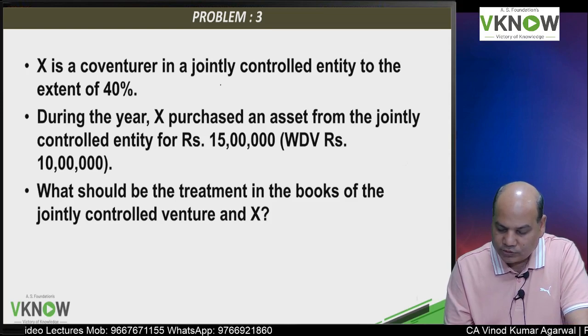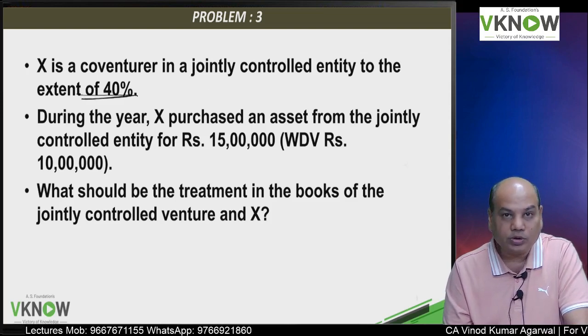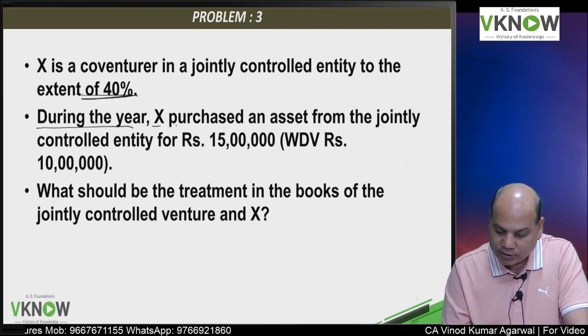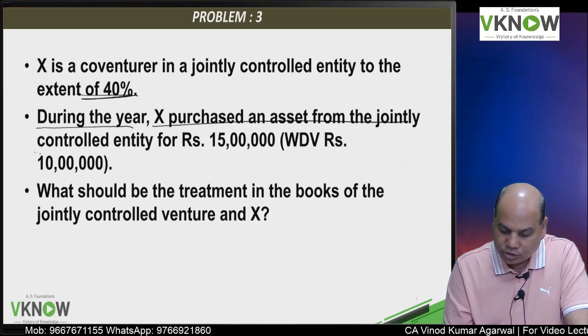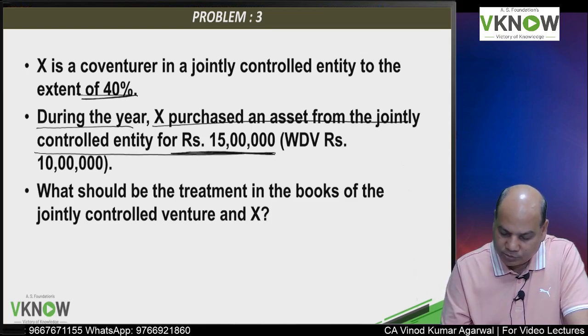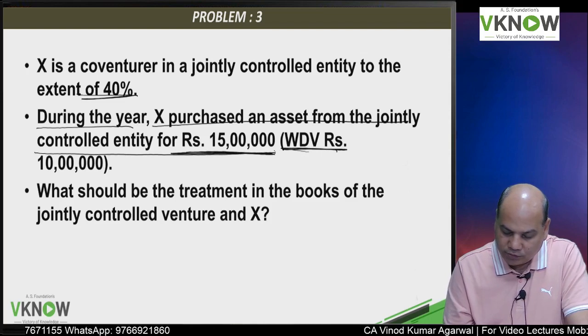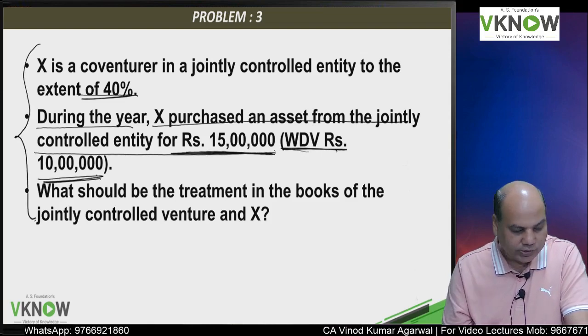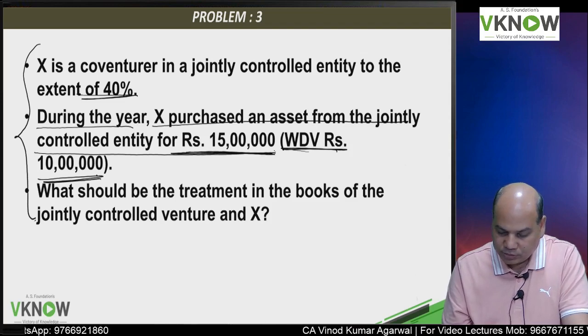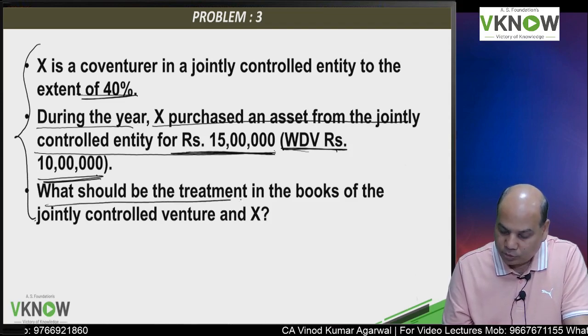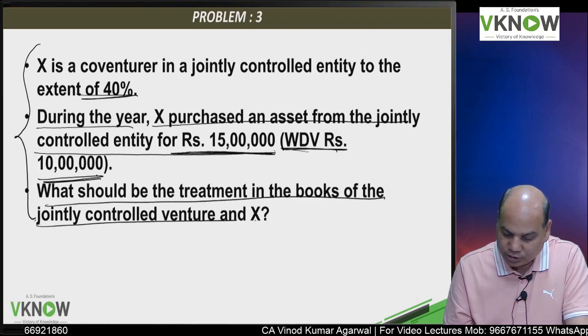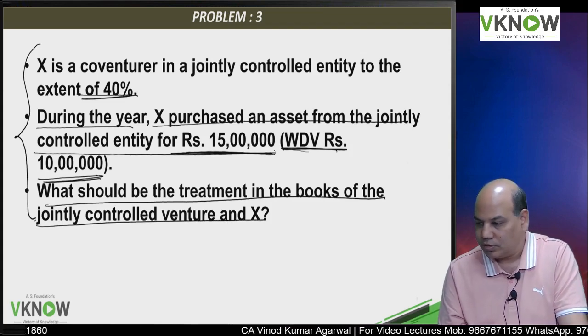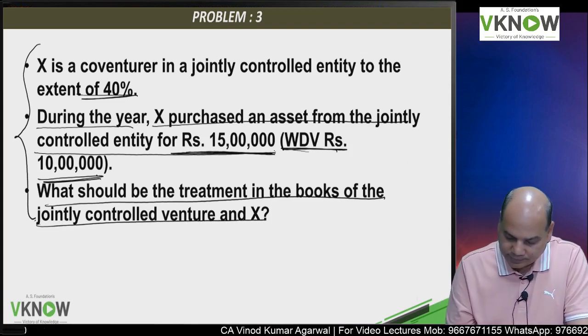X is a co-venturer in a jointly controlled entity to the extent of 40%. During the year X purchased an asset from jointly controlled entity for rupees 15 lakh whose WDV was 10 lakh. This example we have already discussed on the previous page. What would be the treatment in the books of jointly controlled entity and X?